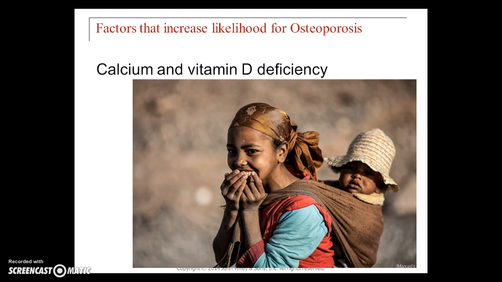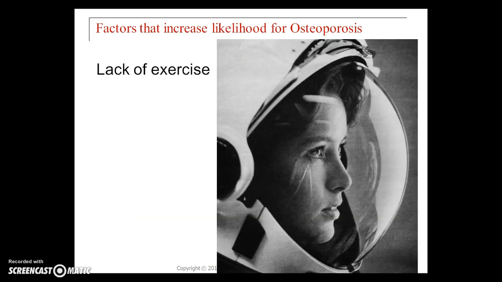Calcium and vitamin D deficiency. I don't know if these individuals look like they have calcium and vitamin D deficiency, but it's a nice picture anyway. Lack of exercise. And remember, earlier in the chapter we talked about the fact that the astronauts don't get as much exercise, and the bones don't have as much of a load on them because of the gravity issue.